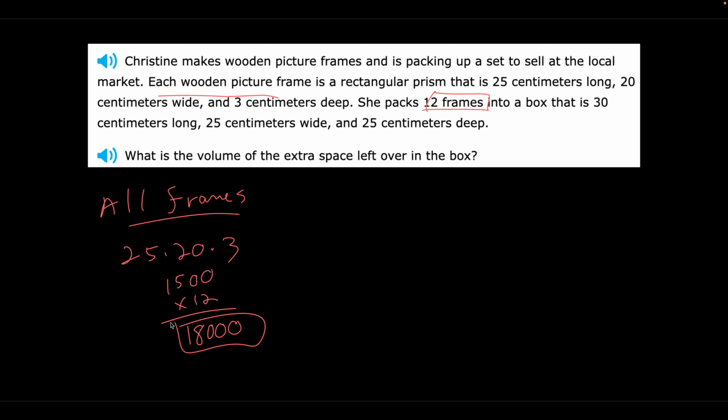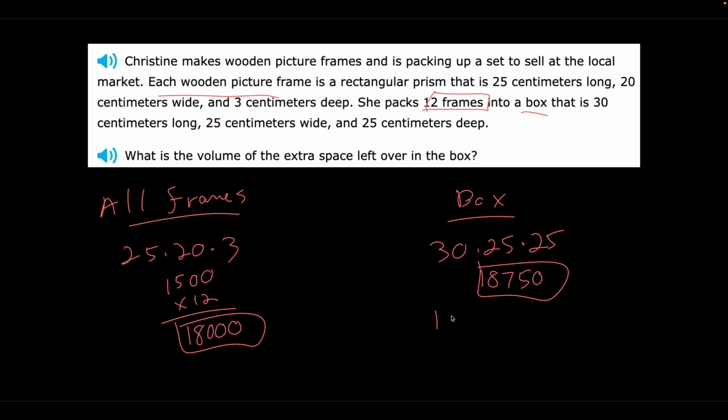And they told you that the box is 30 by 25 by 25, which is 18,750. So the whole box. And the question was, what is the volume of the extra space? So she packs the frames in the box and it wants to know how much space is left over.